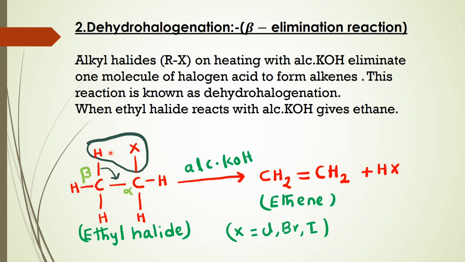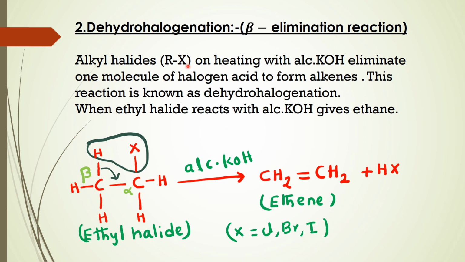Hydrogen has less electronegativity and halogen has more electronegativity, so the hydrogen leaves this bond and the halogen takes this bond. The bond becomes a double bond between two carbons, CH2 double bond CH2. So this is ethene. We are understanding the methods of preparation of ethene.